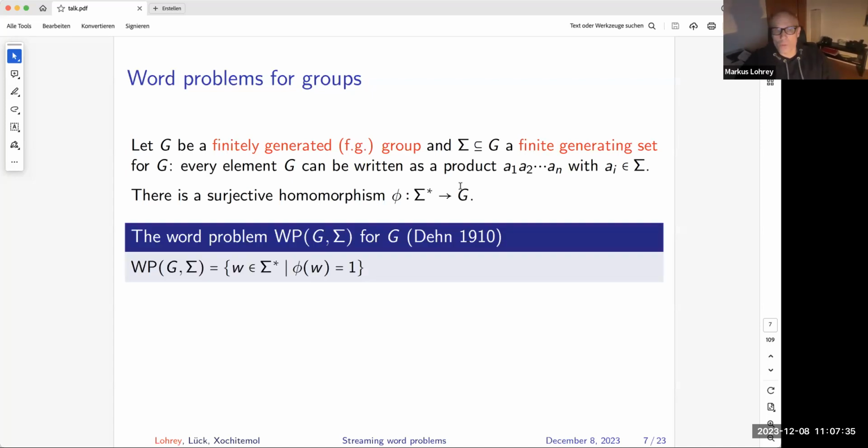And then the word problem, here in this talk, I consider the word problem as a language, namely for the group G and the fixed generating set sigma, the word problem is the set of all words over the alphabet sigma that evaluate to the group identity.